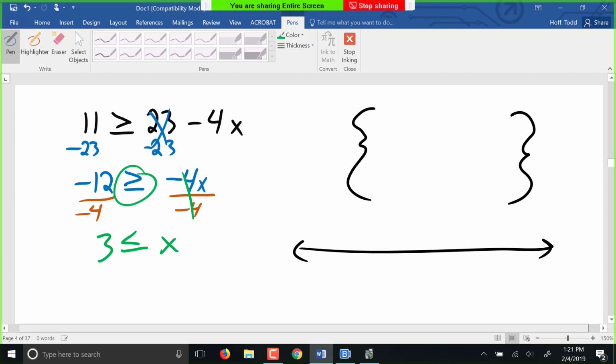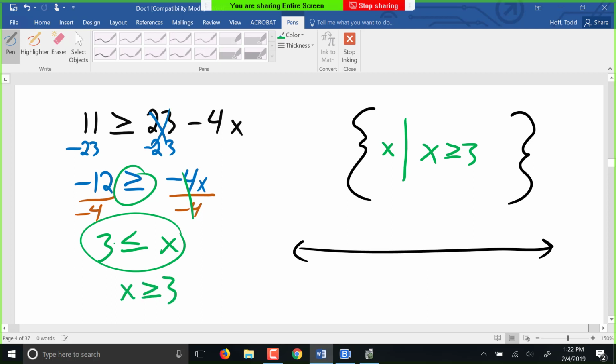So for solution set notation, what would we write? All values of x such that, perfect, x is greater than or equal to 3. We got to flip this around. It's pointing at the 3, so it has to continue to point at the 3.